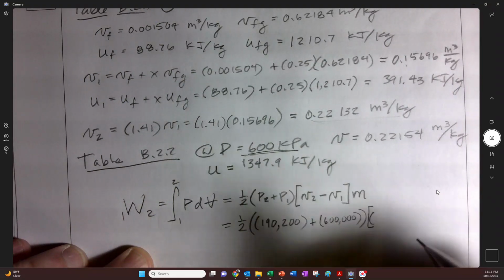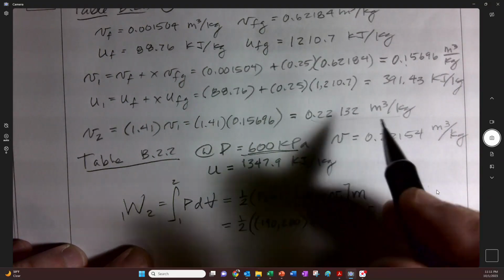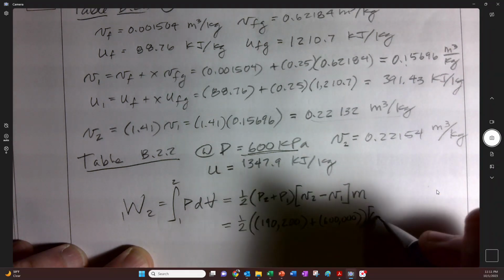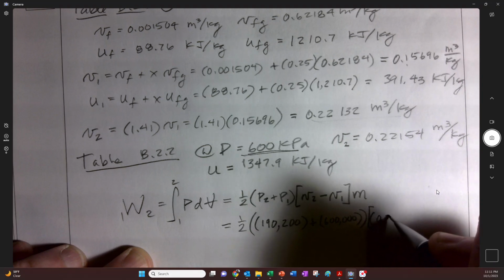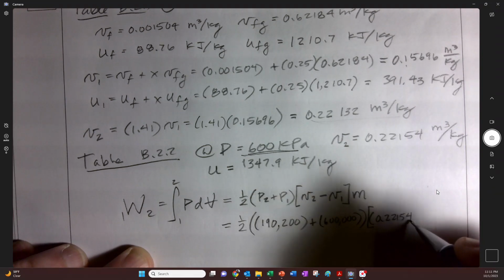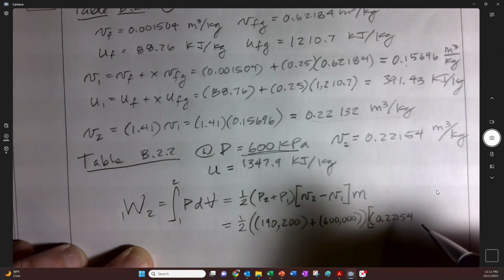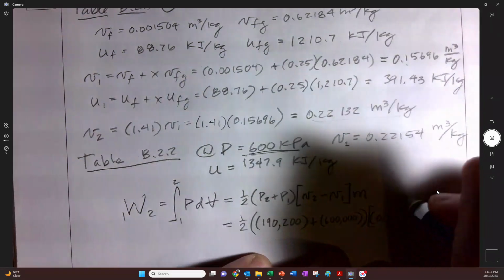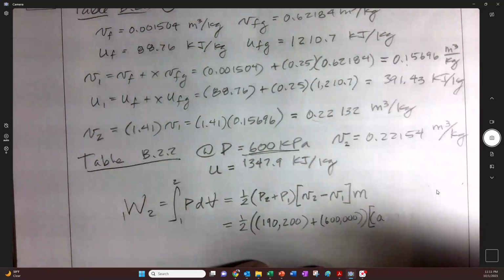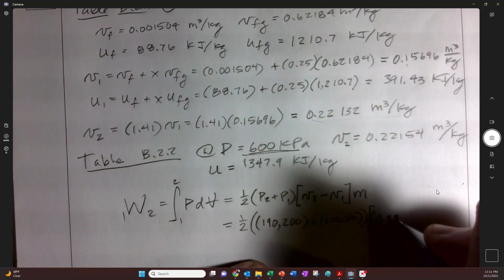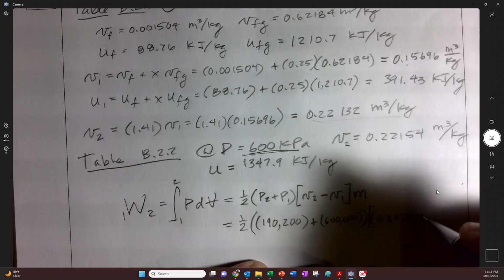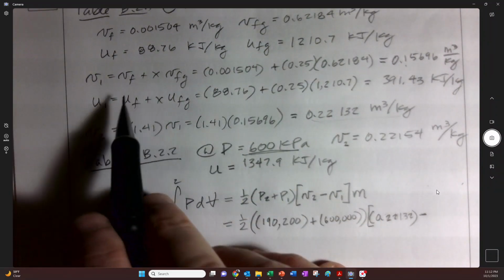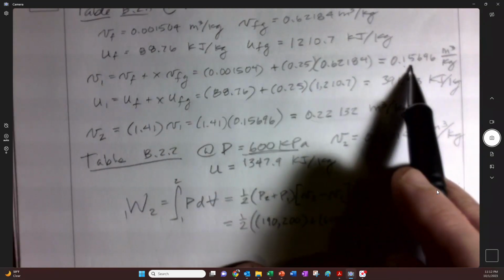And I'm going to run out of room. V2 is going to be 0.22154. Well, let me do this one up here. It's the one it should have been. Sorry. 0.22132. And then minus, where do we start out at? Oh, we got this right here, 0.15696.